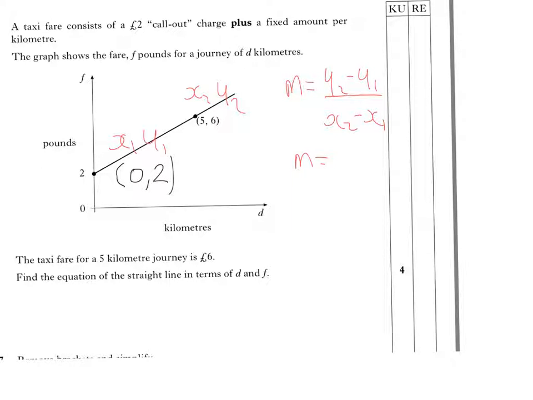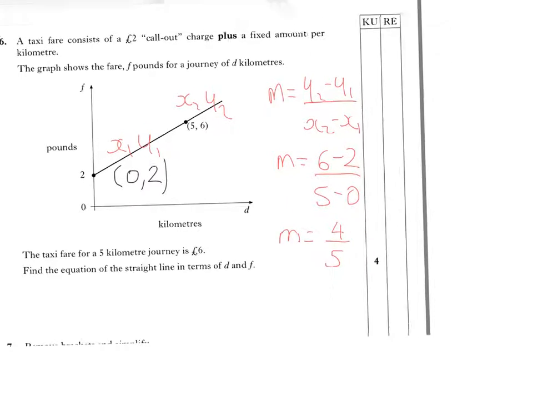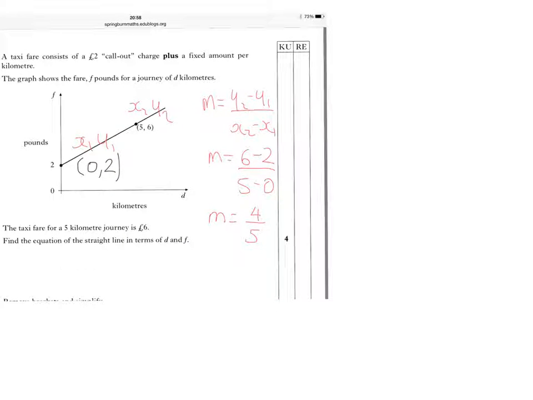Just take your time. 6, take away 2, over 5, take away 0. 6 take away 2 is 4, over 5 take away 0 is 5. The gradient of the line is 4/5.